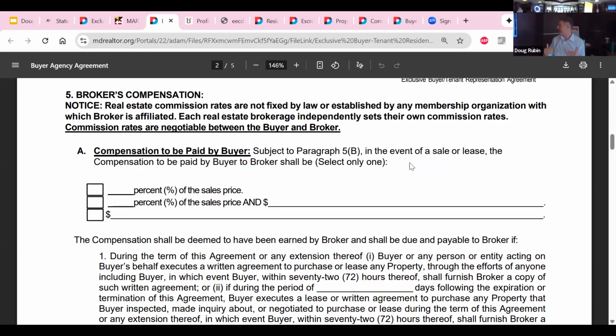You have a fee that you set forward. The fee's in exactly the same way as before. It can be a percentage, it can be a flat fee, or it could be some combination. So let's say this person charges 3% plus a $500 fee. That's their fee.